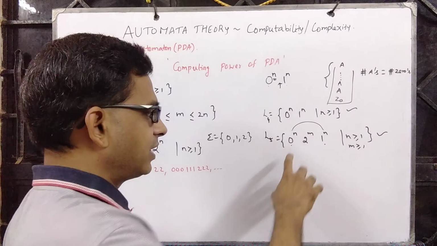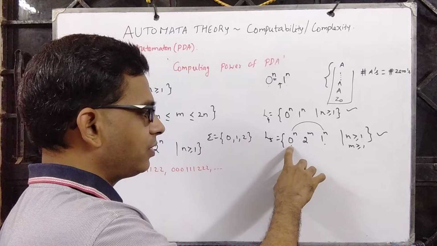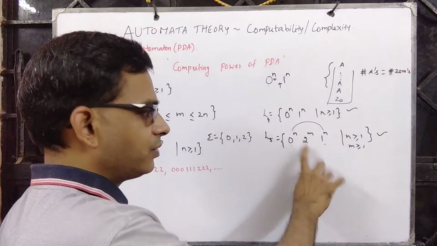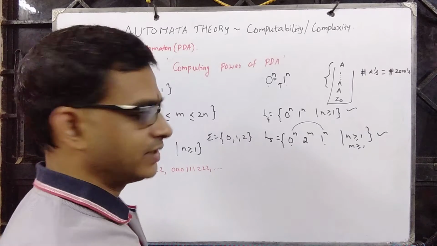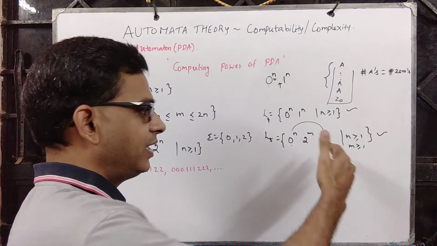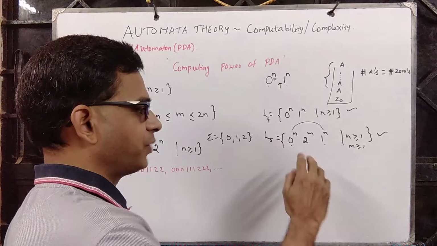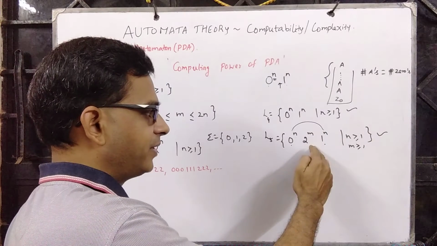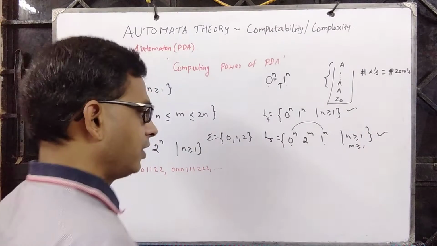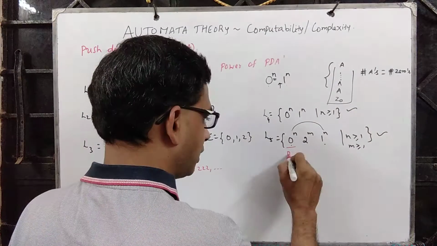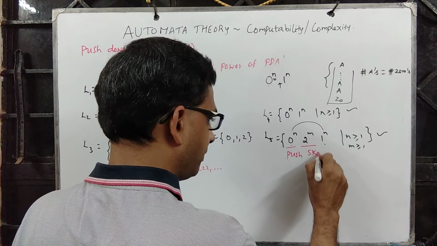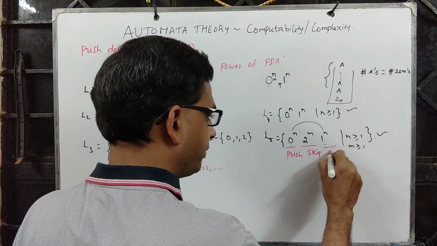So when I read 0, I push capital A onto the stack. When I read 2, I do nothing. I don't disturb the stack at all. I simply skip over all the 2's and then I ensure I read at least one 1. Then when I start reading 1, I pop. So for zeros it is push, and when you start reading 2's, you skip all of them, then you perform pop on reading 1's.